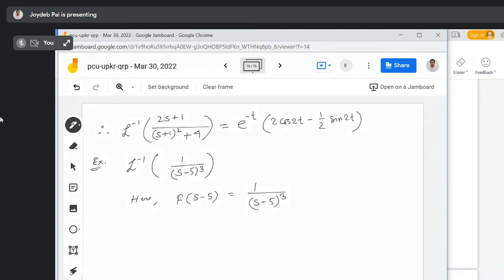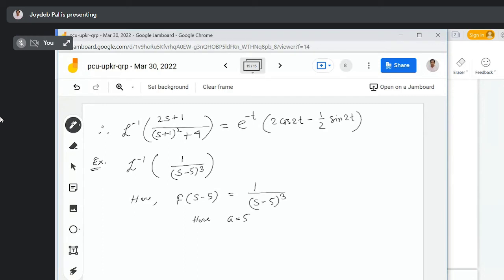So by the s shifting theorem, Laplace inverse of f of s minus a क्या हो जाएगा? E to the power at into ft. Now a is what? 5. F of s minus a form. A is 5. Now we need ft. So e to the power 5t आएगा. That is confirmed. E to the power 5t into ft.